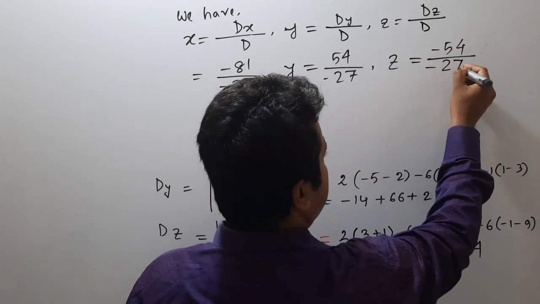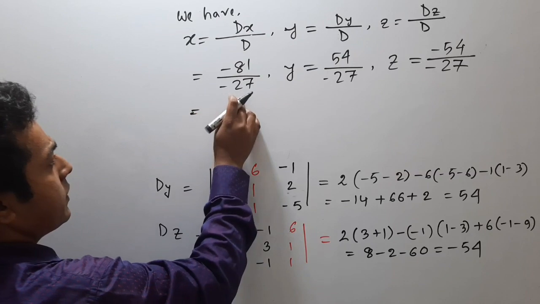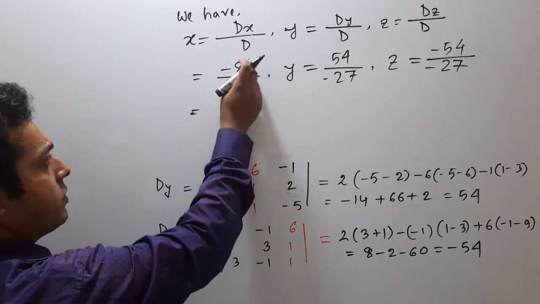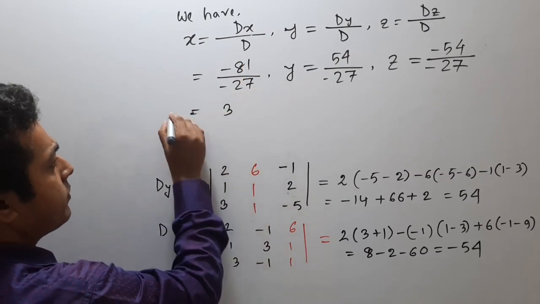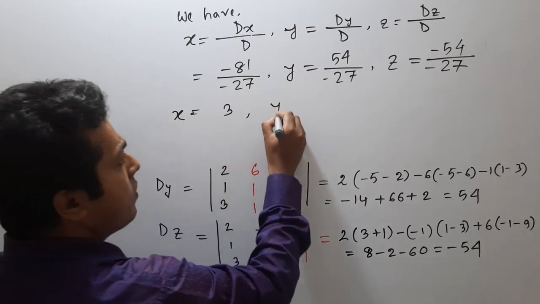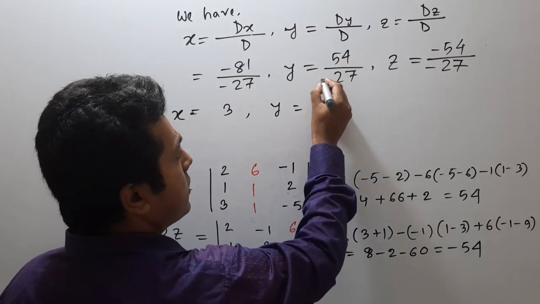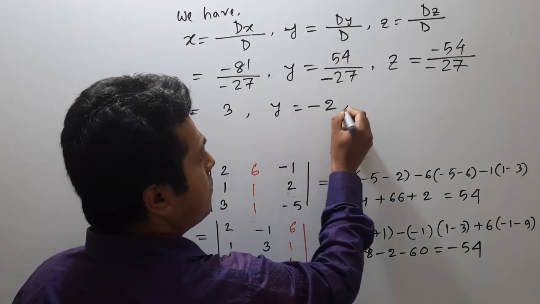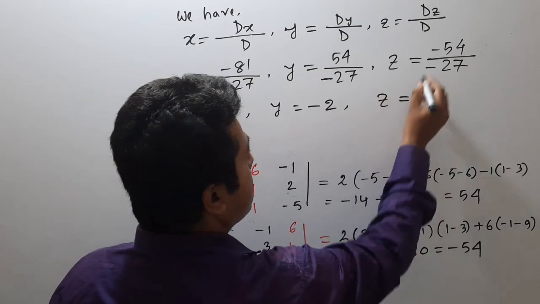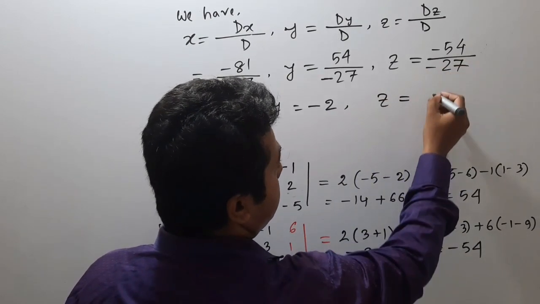So x is equal to 3, y is equal to minus 2, and z is equal to 2.